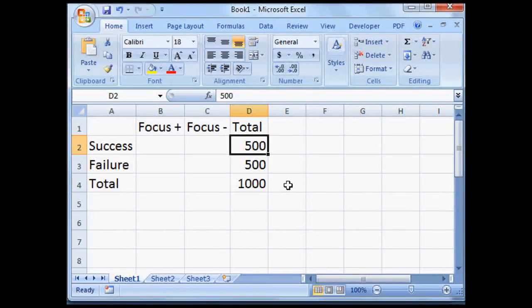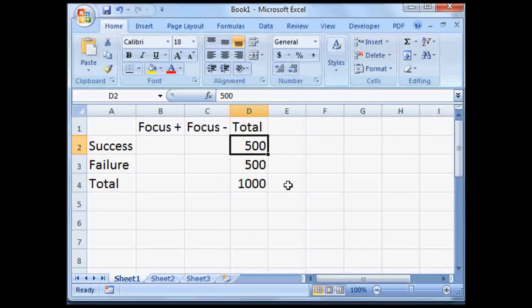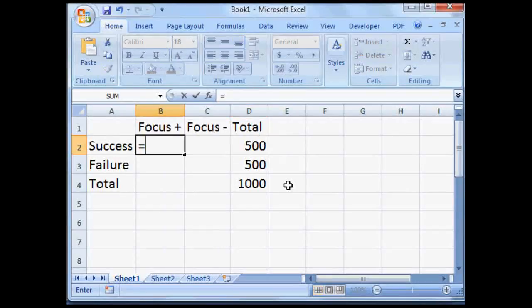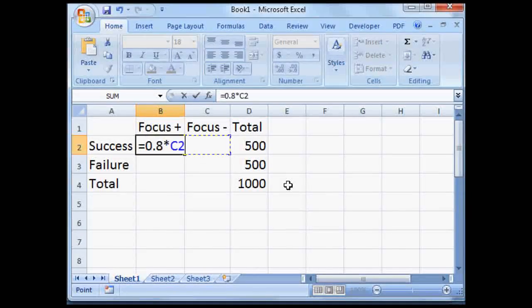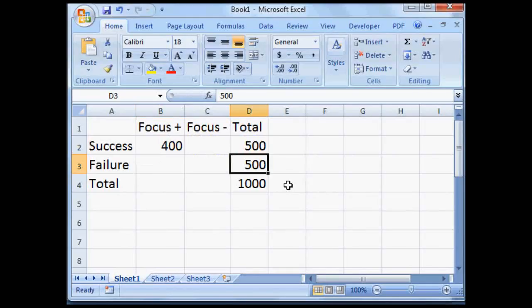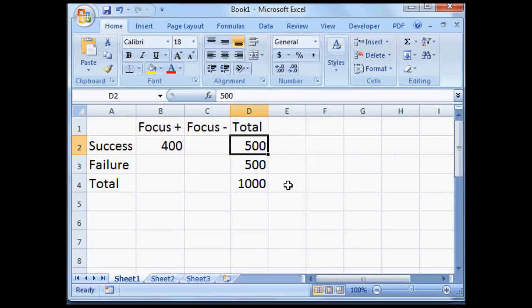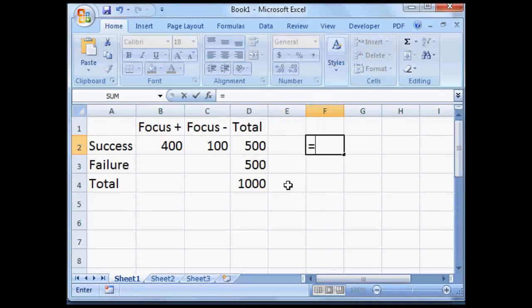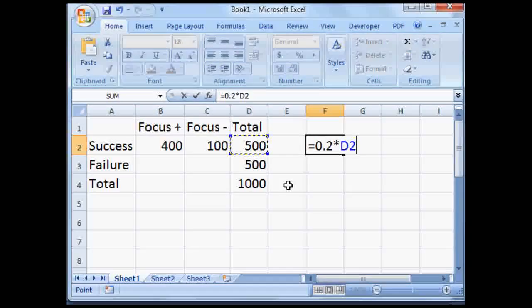Well, we have an 80% detection rate. So 80% of these would have successful test markets. So I'm going to just put that in right here. 80 times 500, right? 400. So 500 successful products, 400 would have had a successful test market, and therefore 100 would not, right? That's the same as 20%.